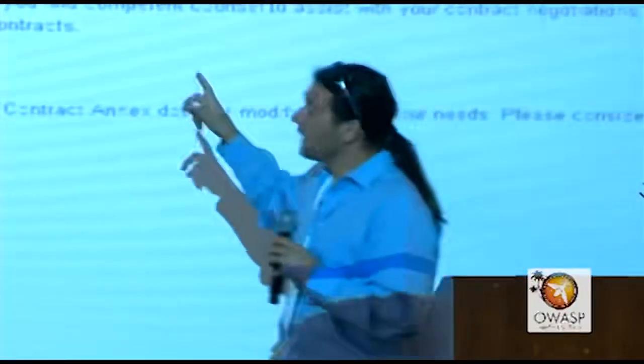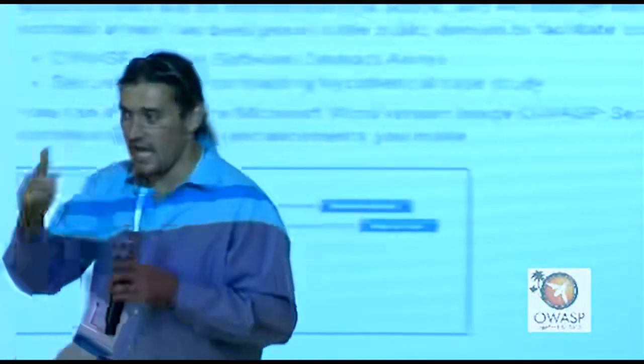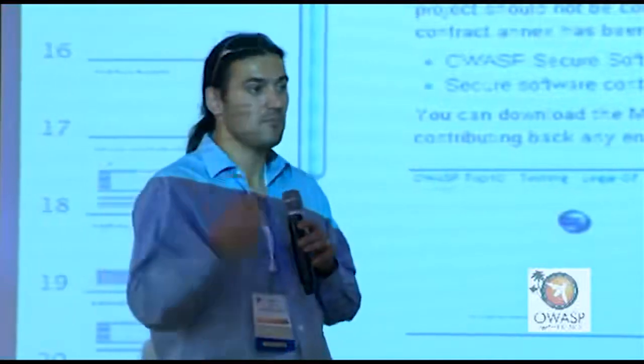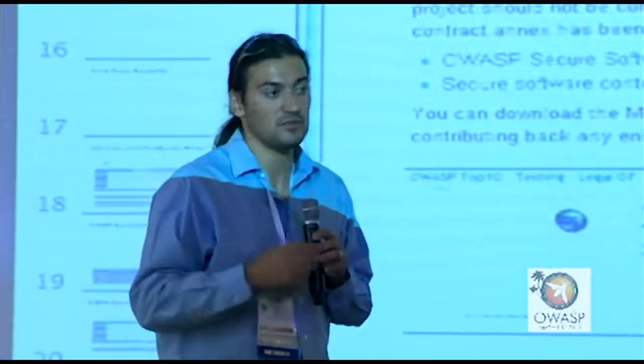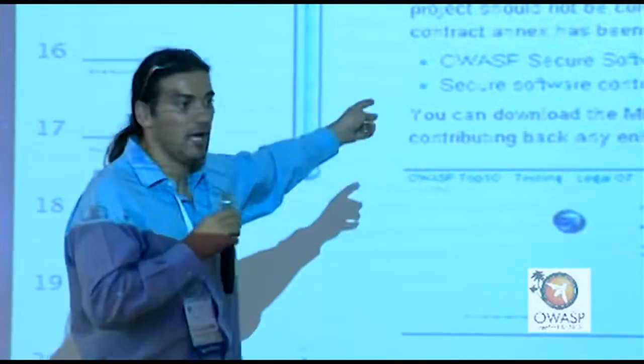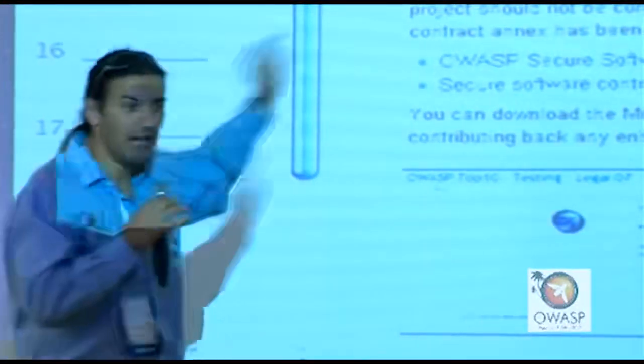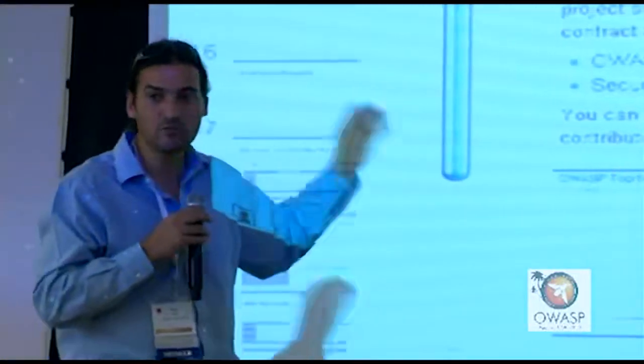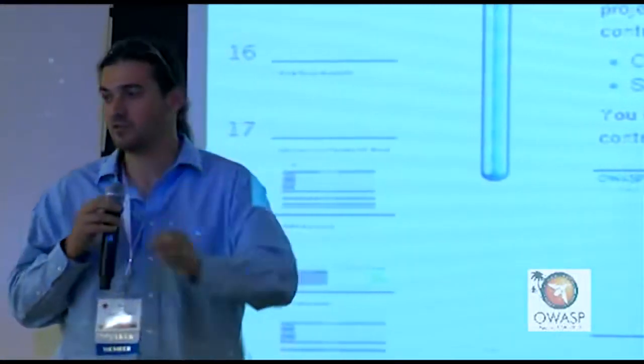So how many of you guys use or know about the legal project? Okay. So if there's one project that you guys have to check out, especially if you are on the consumer side, the people who actually buy or purchase application security, this is the project you have to look at, right? This is basically 10 or 15 pages, which give you a template for a software legal contract focused on security.